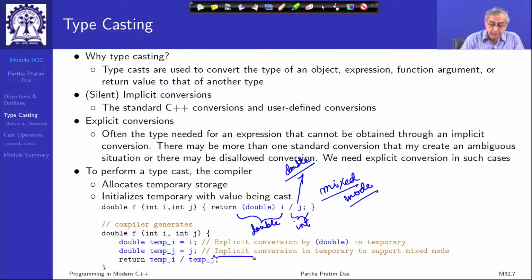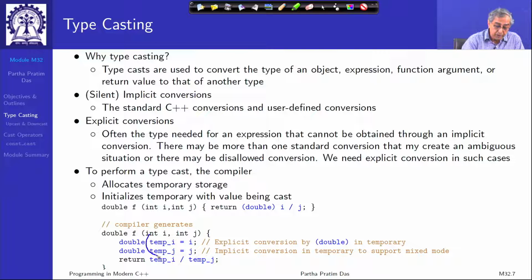So, it has to perform an implicit cast, an implicit conversion, but the same game is again involved: it cannot keep that converted value in j. So, it needs another temporary variable, where it converts and keeps that value. Now, it has the original values explicitly converted and implicitly converted to two double temporary variables, temp I and temp j. So, it can jolly well go ahead and do a division, and return that result.